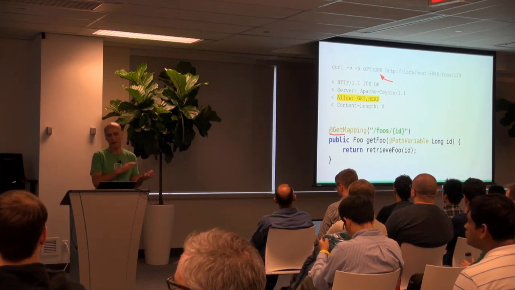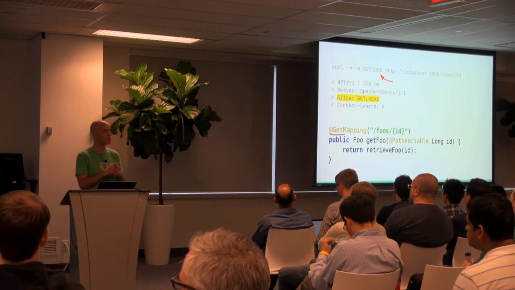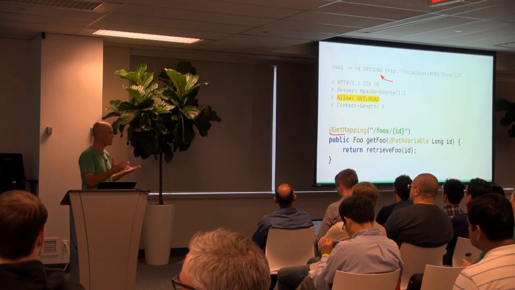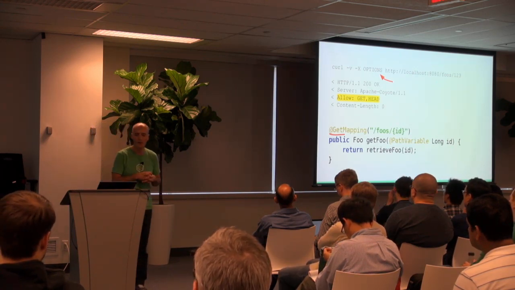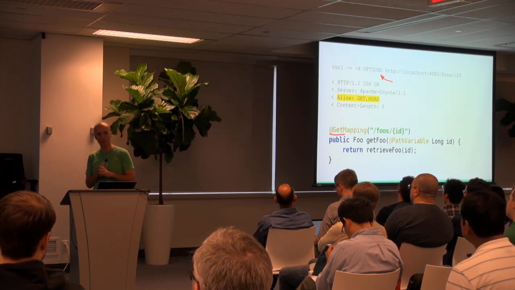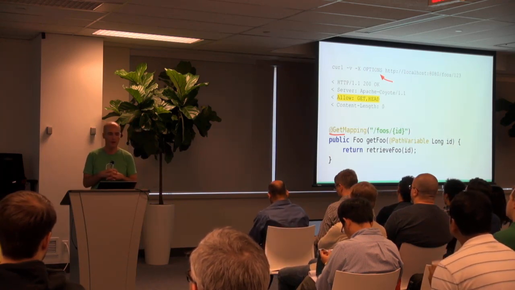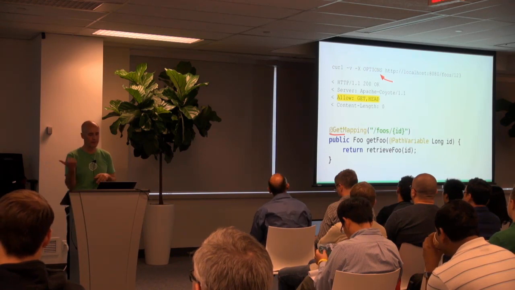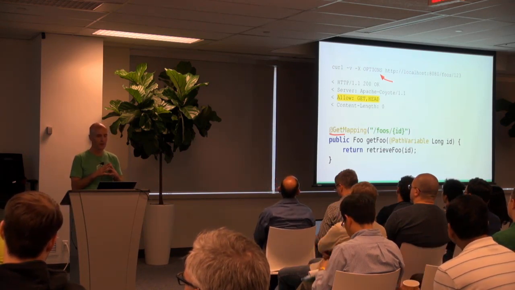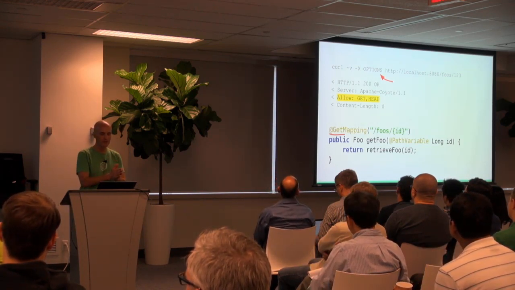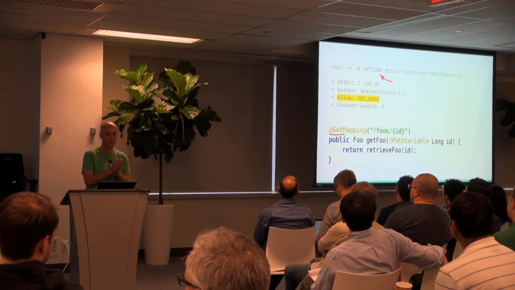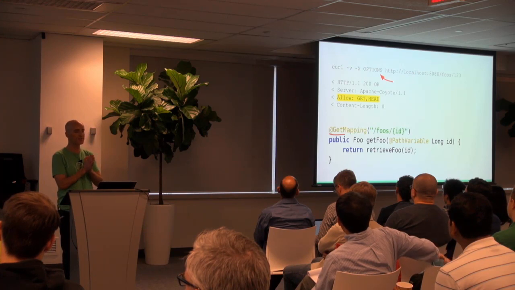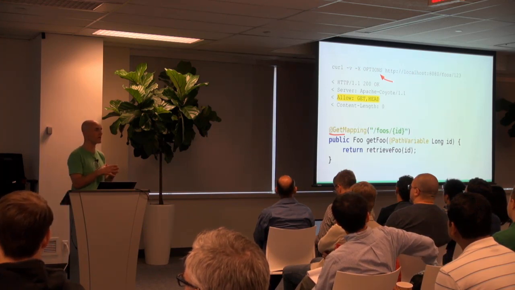So we are actually in a good position in Spring MVC because we know exactly what controller methods are mapped to which HTTP methods. And this is, in fact, what we do now in 4.3. If you make a request like shown here, now you can explicitly map your controller method to HTTP options.